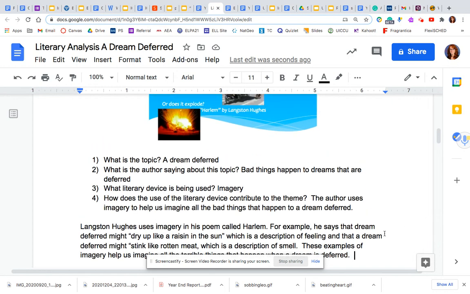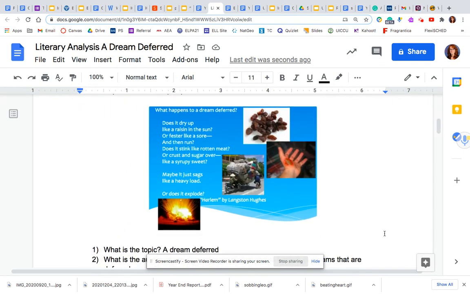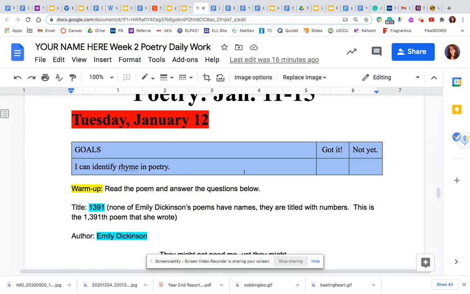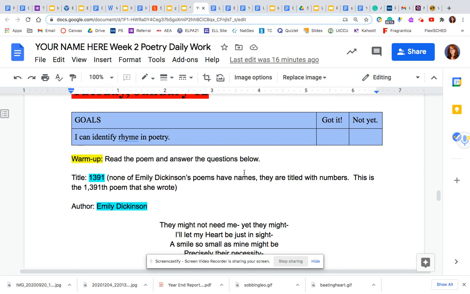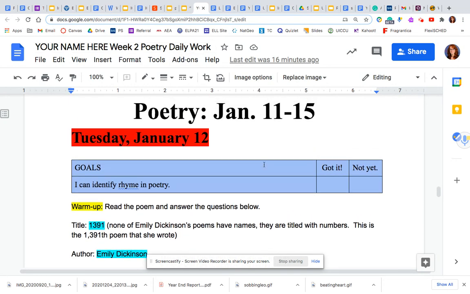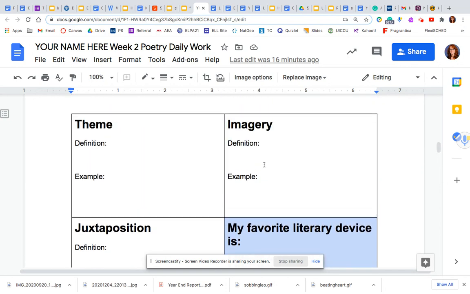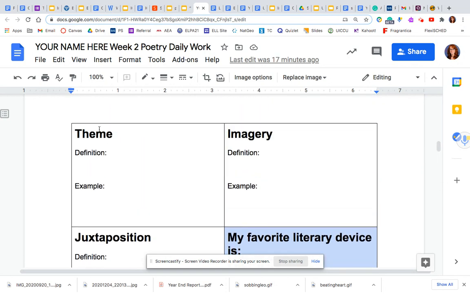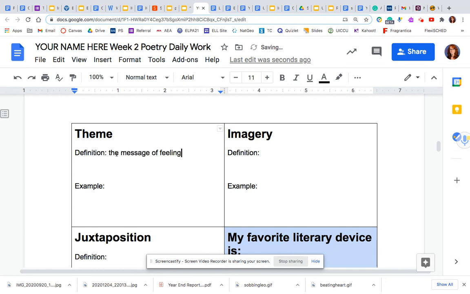Okay. So now I would like you to take a second to go back to your week 2 poetry daily work doc and scroll up to page 2. Right now you should be able to define and give an example of theme. So theme is the message or feeling of a poem.